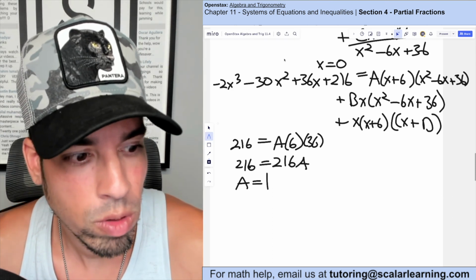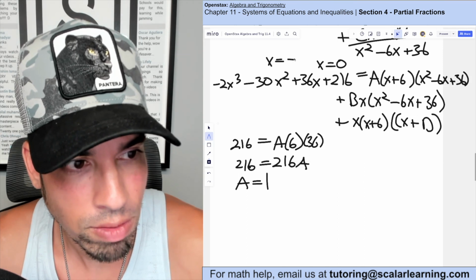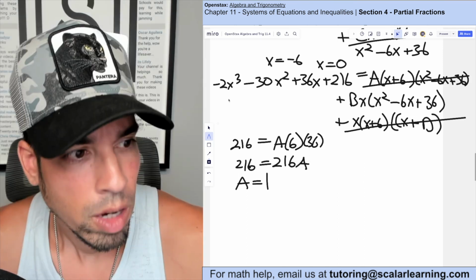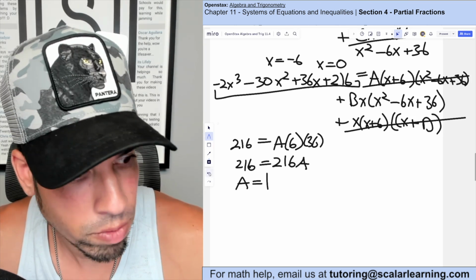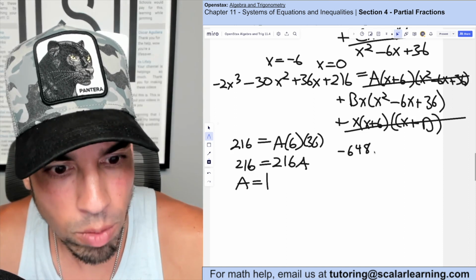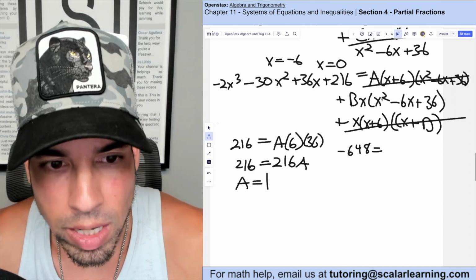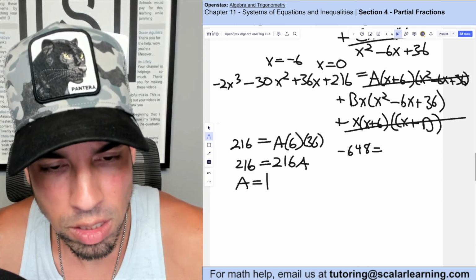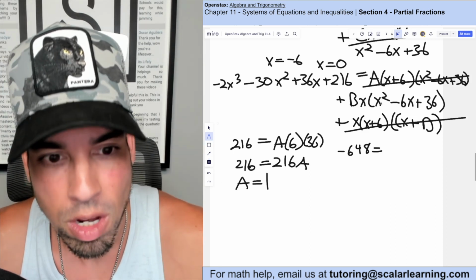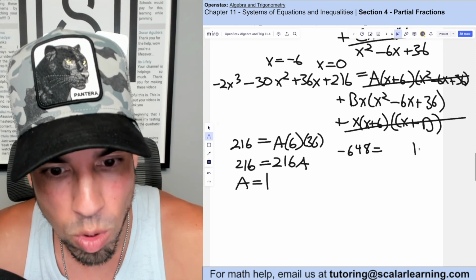Next, what I want to do is plug in -6, right? Because that's going to zero out this and this. When you plug it all in on the left side and evaluate it, it equals -648. What about on the right-hand side? We got -6 squared, which is 36, minus 6 times -6, which is positive 36, and 36. 36 plus 36 plus 36 is 108.